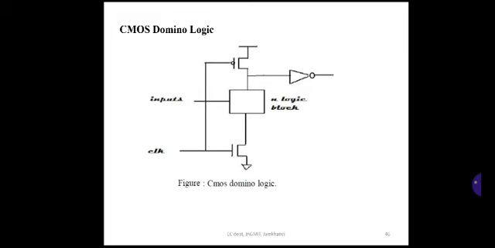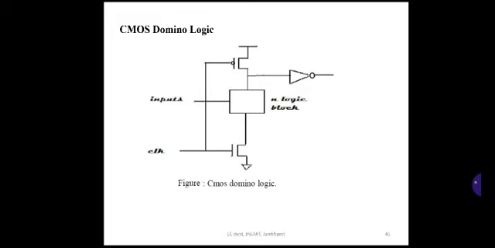This solves the cascading problem which was there in the CMOS dynamic logic, that is rectified by using CMOS domino logic. So the cascading limitation of the dynamic logic is overcome with the domino logic by the inclusion of a static CMOS inverter at the output side.